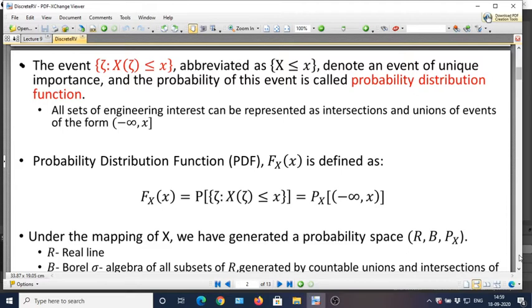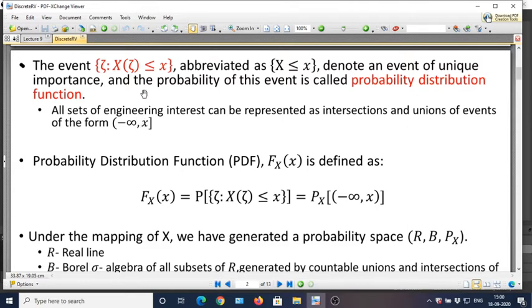We also enforce that intervals of a special kind be present in the Borel field. That is, all intervals of the form minus infinity to x should be present in the Borel field. So this is a condition that is necessary to construct a Borel field.